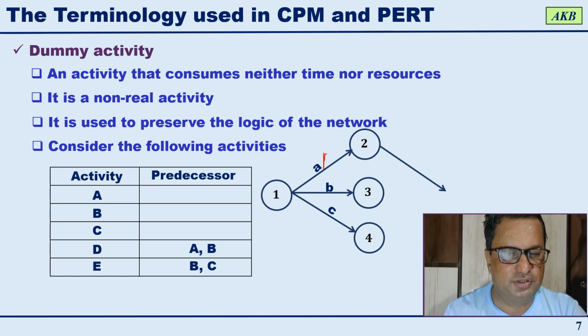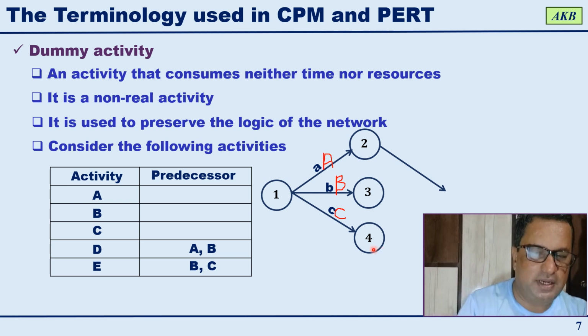You have activity A, activity B, and then activity C. All three have started simultaneously. The reason is all these three don't have any predecessor activity. Activity A ends at event 2, activity B ends at event 3, activity C ends at event 4.